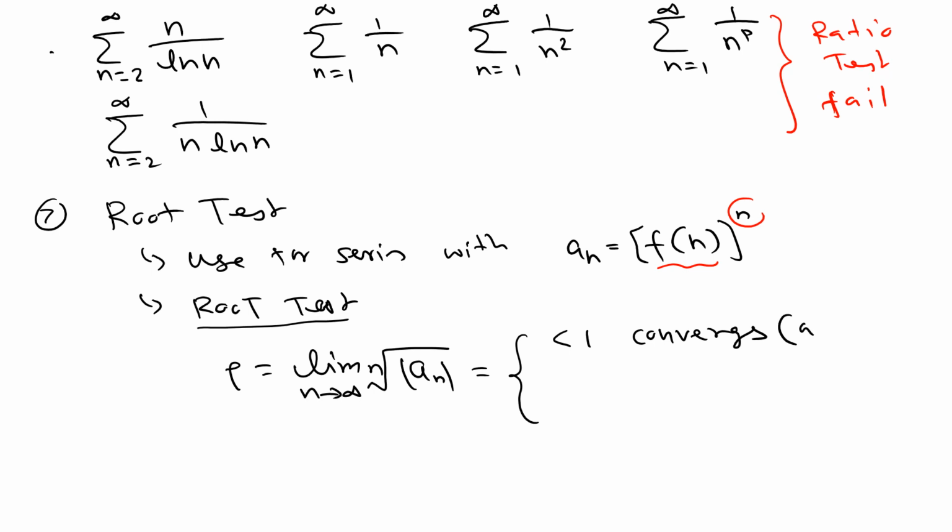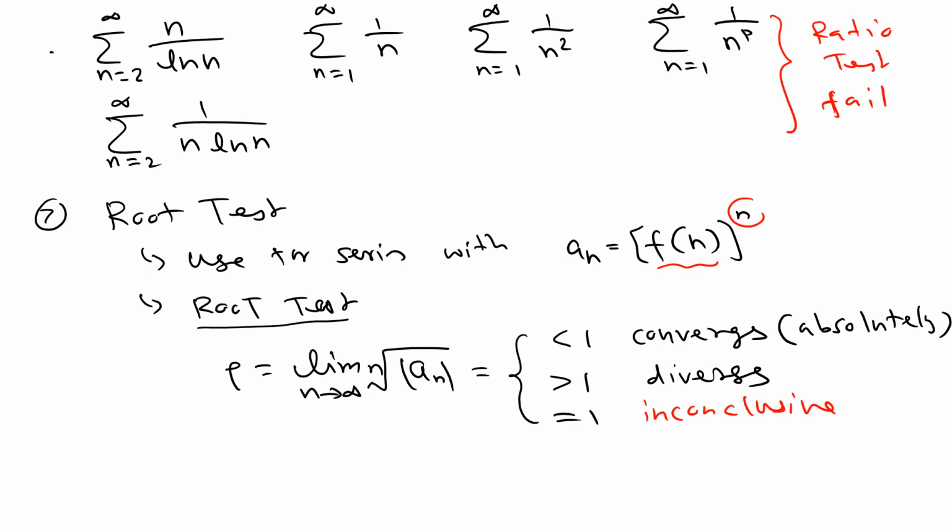Actually, it converges absolutely. We know absolute convergence implies convergence. And if it is greater than 1, it diverges. And if it is equal to 1, the test fails, it is inconclusive. So you have to use other tests.